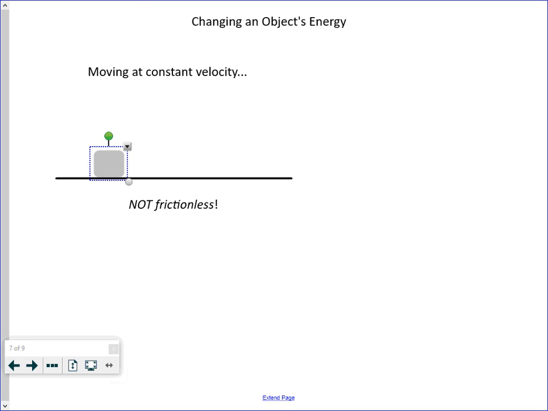Now here's a new one. What if we take this object, and this is not on a frictionless surface, and let's move it at a constant velocity. If we move this thing at a constant velocity, we know two things. One is, we're pushing, and there must be a friction force that's equal and opposite to our applied force.